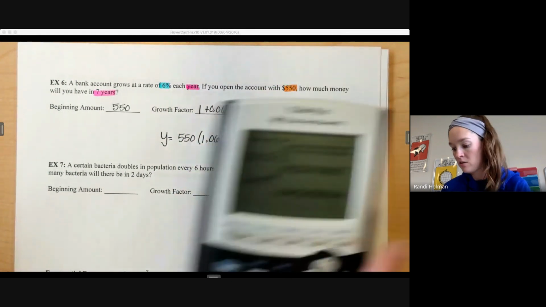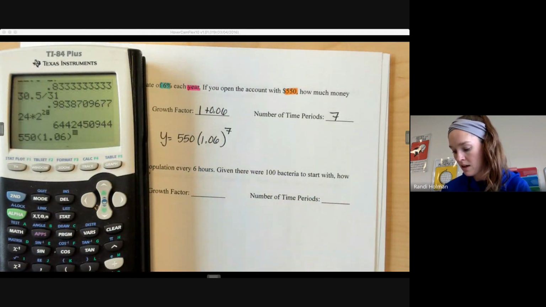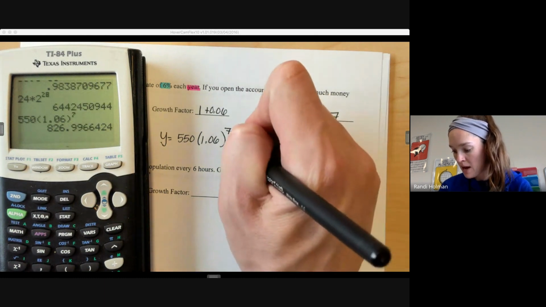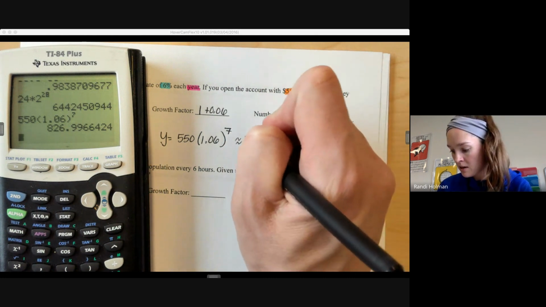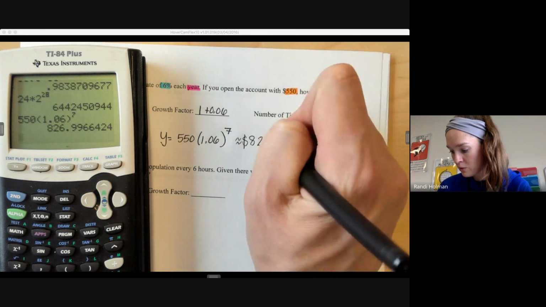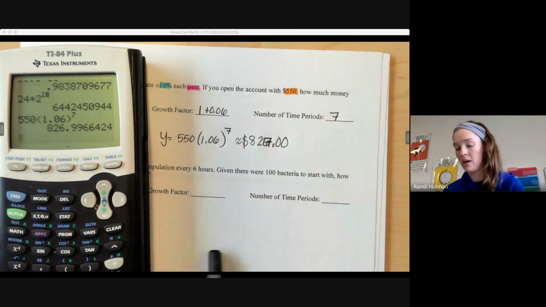Once we have it there, we can use our calculator. 550 times 1.06 to the 7th. And so now our money is worth about, it's money, so let's make sure we round appropriately. $827.